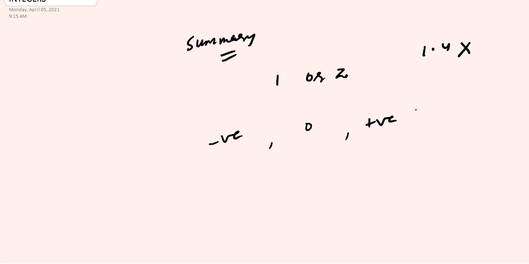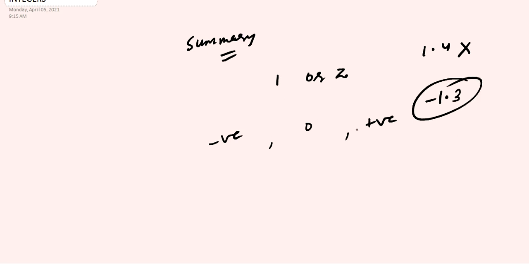Okay. So here is the summary of this video. Integers are denoted by I or Z. Integers are just like negative numbers, 0 and positive numbers. Remember, 1.4 is not an integer. Minus 1.3 again not an integer. Why?